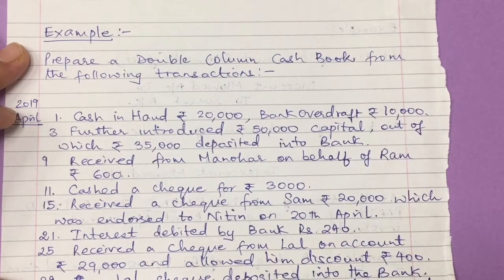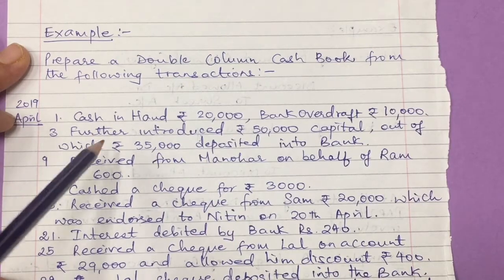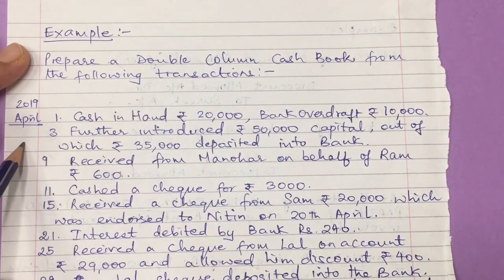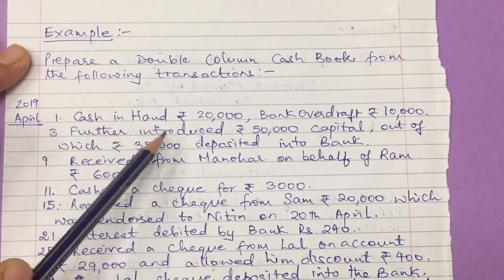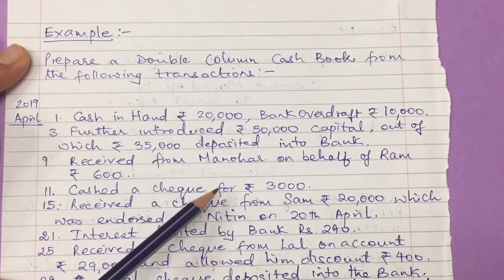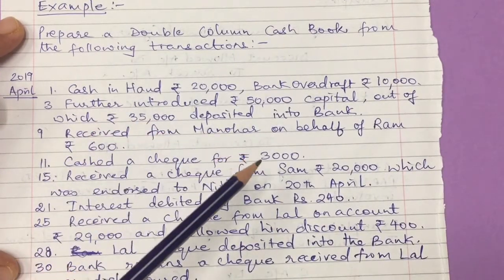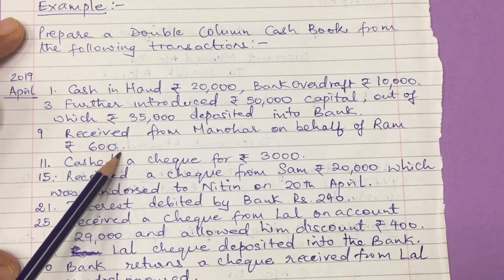I have tried to club the major points of this particular chapter, cash book, in this one example, so just concentrate on this example. Now the example says prepare a double column cash book from the following transactions. There is a date given and there are transactions, and amounts are both given. I have cash in hand rupees 20,000, bank overdraft rupees 10,000. Now further introduced rupees 50,000 as capital, out of which rupees 35,000 was deposited into bank.